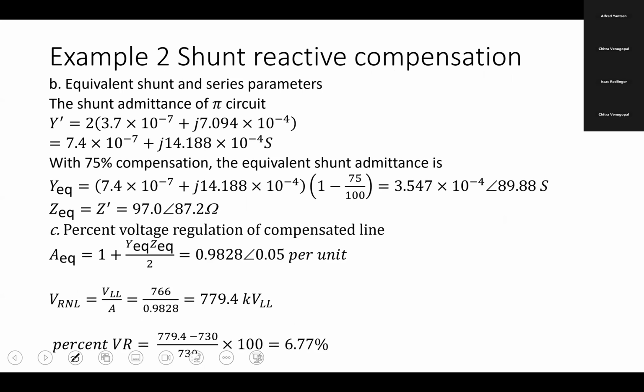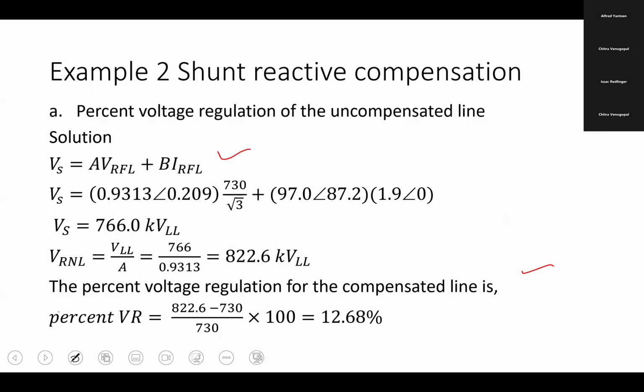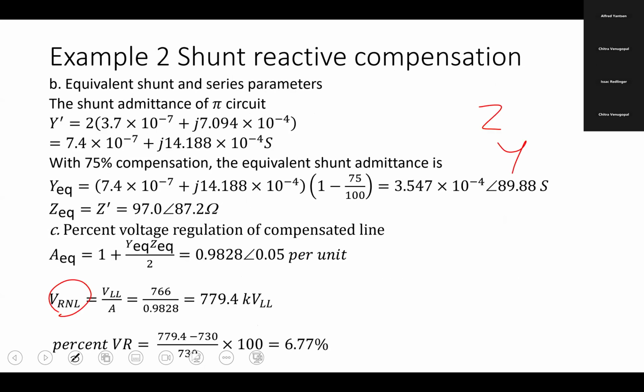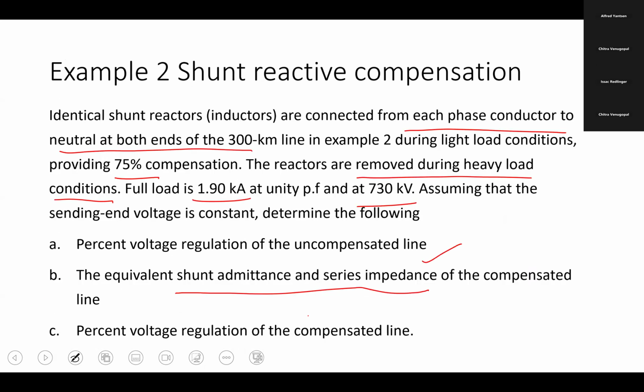So L and C are coming from Z and Y. So take the previous Z and Y values; here we are calculating the full load and no load voltages. So this ends the percentage of voltage regulation, which answers the voltage regulation of the uncompensated line.